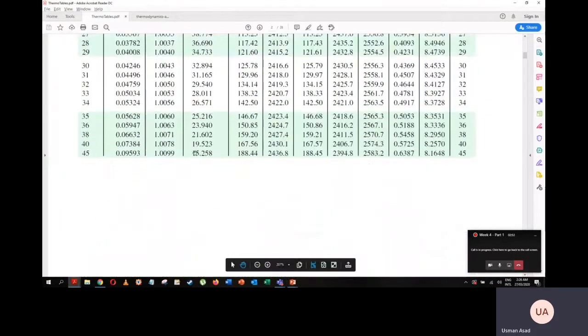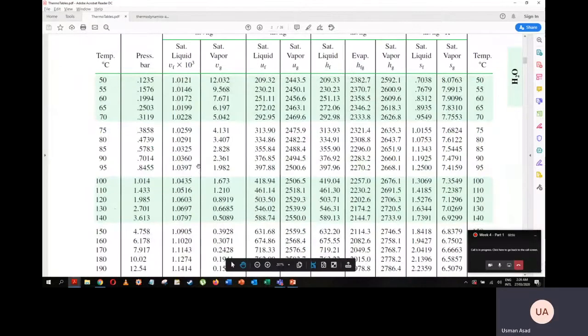So the first thing that you're supposed to do is look up this temperature of 140 degrees in your tables, which are right here, according to which we get some information: the saturation pressure is going to be 3.6 bars. So what this means is if you're in the mixed region and the temperature is 140 degrees, that means boiling is happening, right?